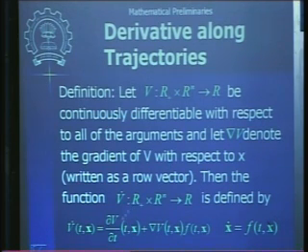Then its derivative is defined by this. This is a standard derivative. The only difference is that we have used del v multiplied by x dot, where x dot is equal to f of x, t. When you substitute x dot equal to f, corresponding to your differential equation system, you get the derivative along the trajectory.